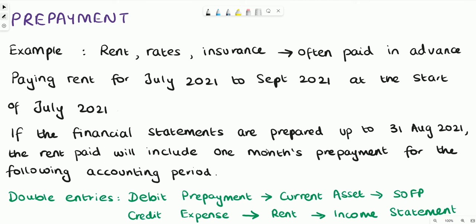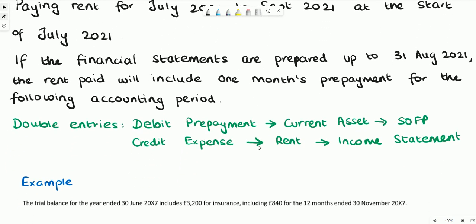Hence, that 1 month rent that's been prepaid, i.e. for September 2021, will have to make the following double entries. So we'll have to debit prepayment, and that will land within current assets in the statement of financial position. And we'll have to credit expense, i.e. the rent expense, in the income statement. Remember, these two entries are for the current year, the 31st August 2021 financial statements.